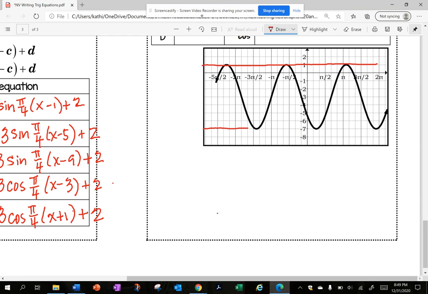I like to kind of frame in my wave axis first. So here's my maximum, here's my minimum. I'm going to count. I have 1, 2, 3, 4, 5, 6, 7, 8 boxes. So I know halfway, 1, 2, 3, 4, is where my wave axis is.